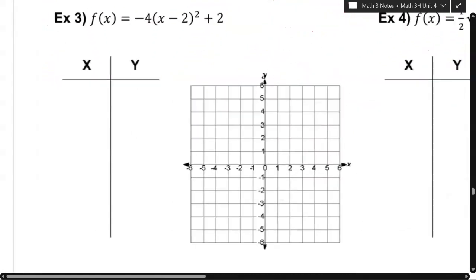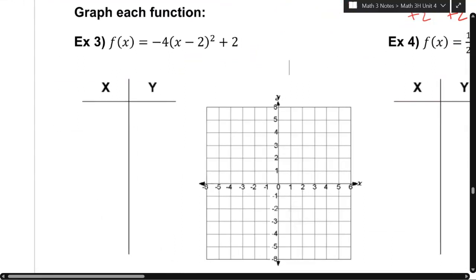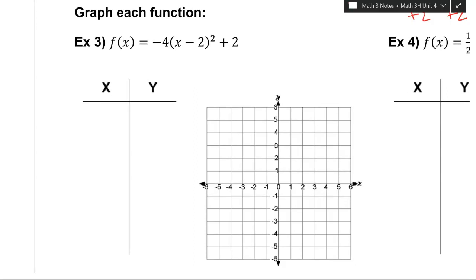All right, let's look at graphing these. So we have an a value that is going to stretch our y values. We have a -2, so this is a reflect on the x-axis.